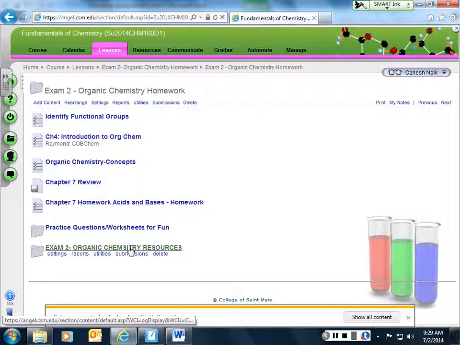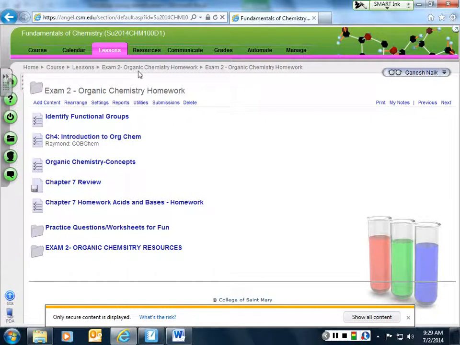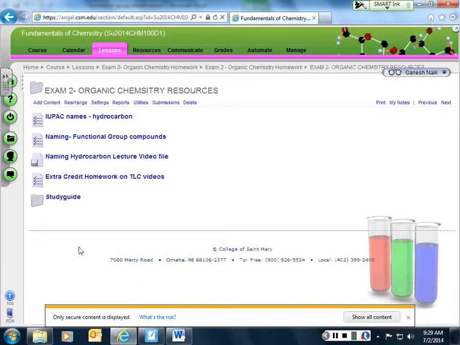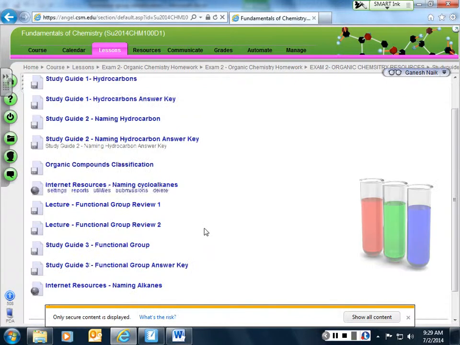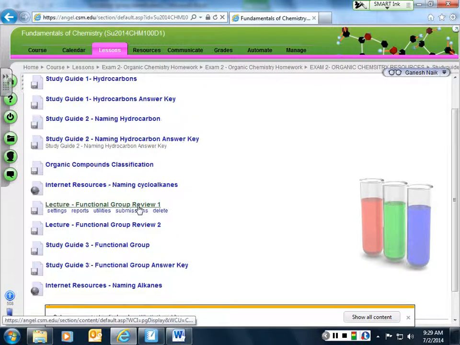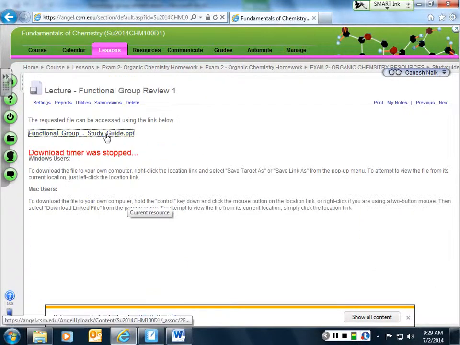See lessons, organic chemistry homework, and resources. If you go to resources, can you see the study guide? Click on the study guide. And then can you see the functional group review 1? Click on that. It's a PowerPoint, then open it.